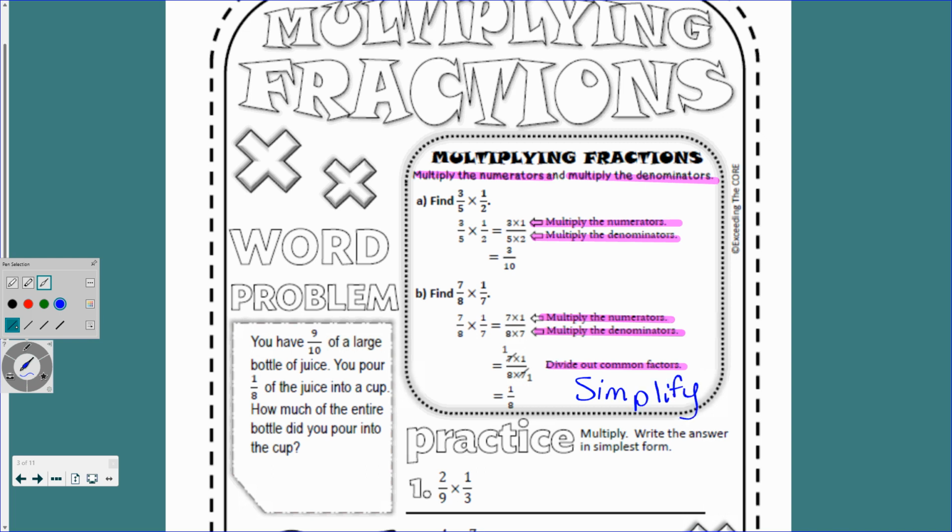What can you do before you multiply the top numbers and the bottom numbers? That's dividing. Good job. You can reduce before you multiply.